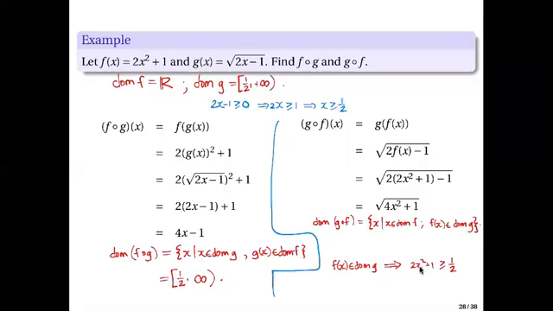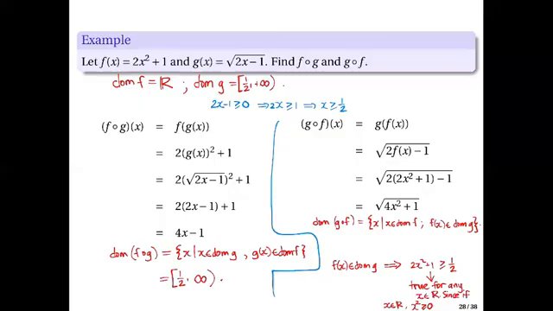Because this is true for any real number x, for any x in the set of real numbers, since if x is from the set of real numbers, x squared will be greater than or equal to 0.